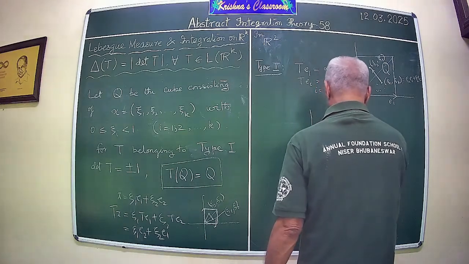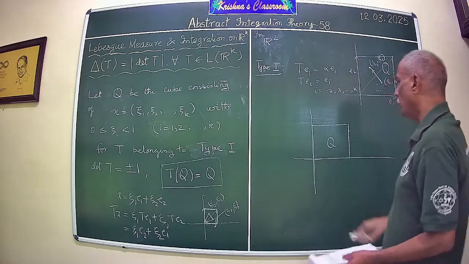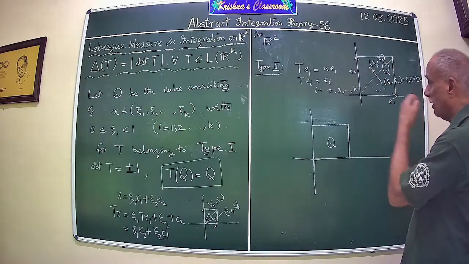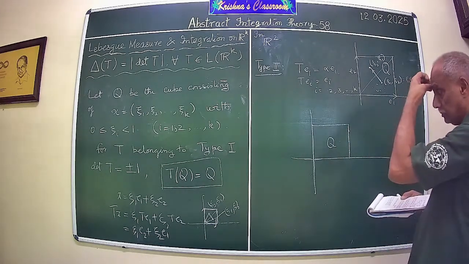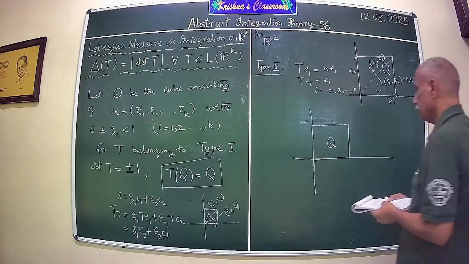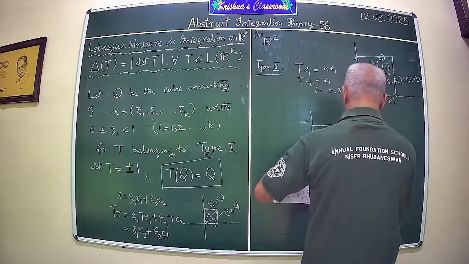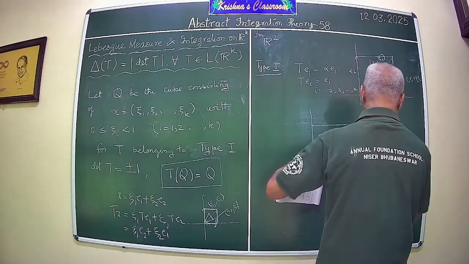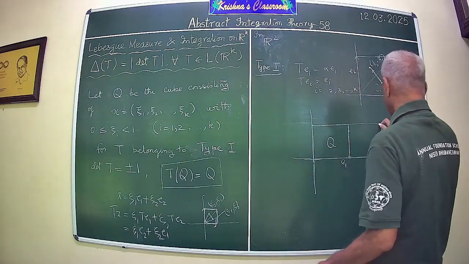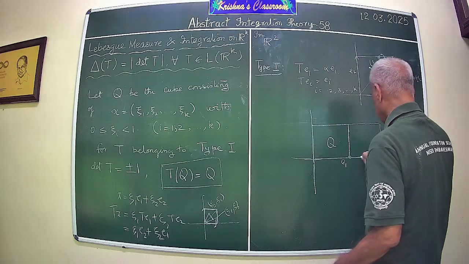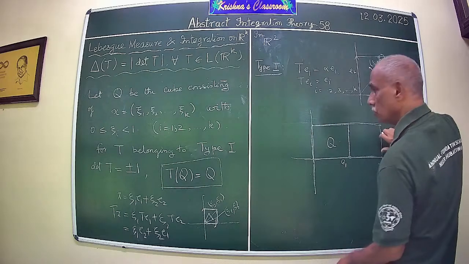So this is your Q. For any point, the first coordinate gets changed to alpha times E1. So E1 goes to alpha E1. This is stretched, and all the rest remains the same. So the area is expanded. In fact, this one is stretched to this area.